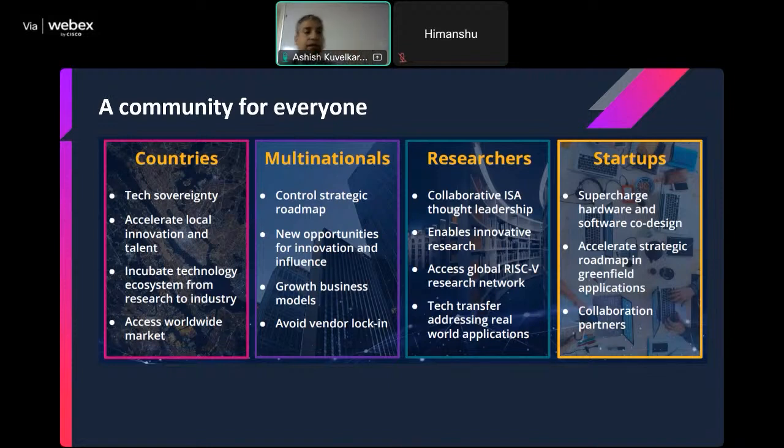So that's definitely one. From a country point of view, it does provide access to technology worldwide. To be able to be at these forums, at the RISC-V International Summit every year, to exchange ideas with people. But most importantly, and I come back to that first point, it's about tech sovereignty.